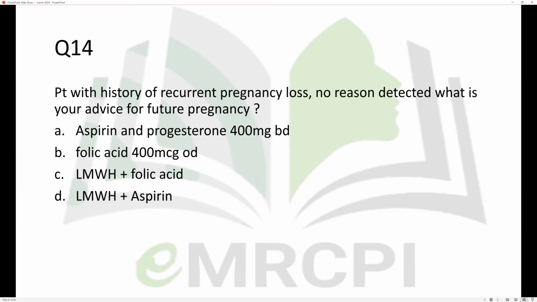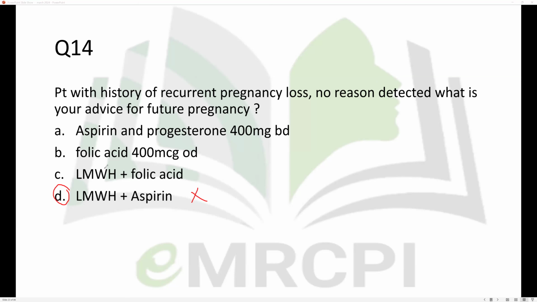Folic acid is a good advice. But you know also what the Irish guideline will advise? I can never ever give low molecular weight heparin and aspirin in any patient with no confirmed diagnosis of antiphospholipid syndrome. So never think about D.